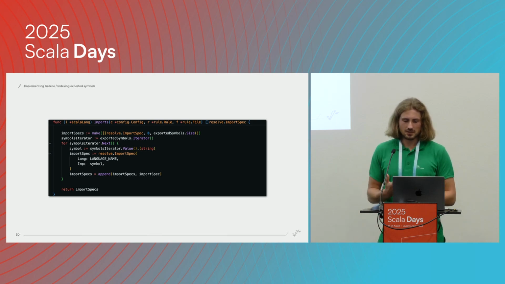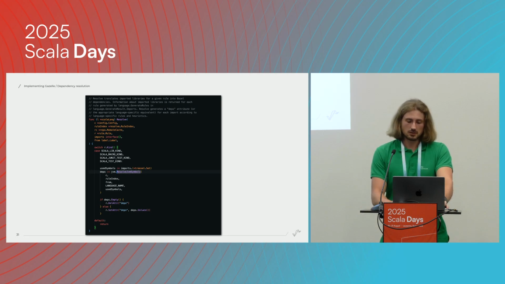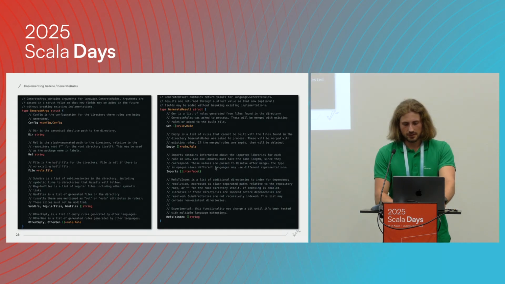We populate the index of fully qualified classes and traits that are exposed by this single target, that are public and can be used somewhere else. And to be honest, they will be used in the resolve function in the second phase, based on the imports that we have set in this struct.